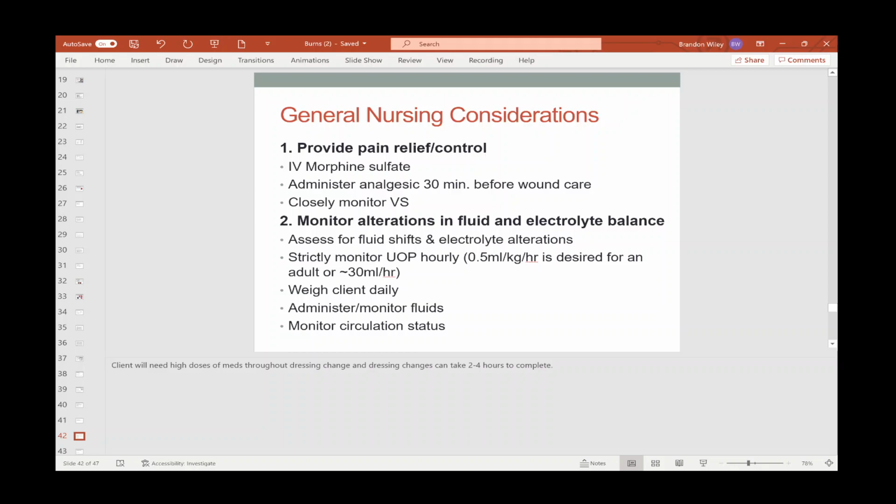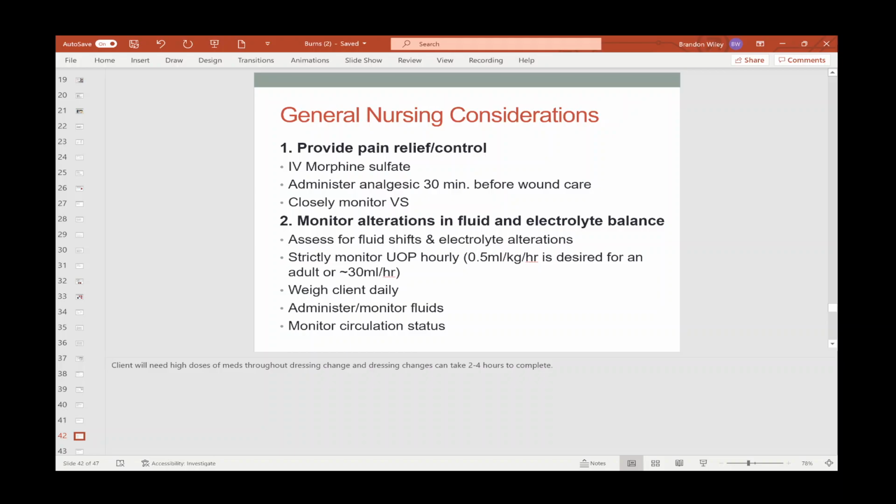So that's important as well. So pain relief before we go, please. Closely monitor vital signs because it drops your respiratory rate, remember? Let's see, what else? Make sure that we've got output.